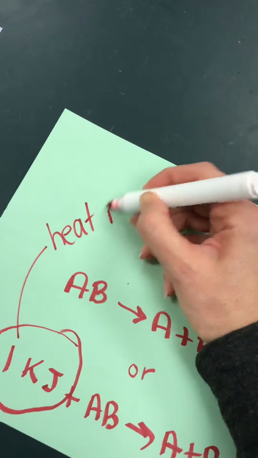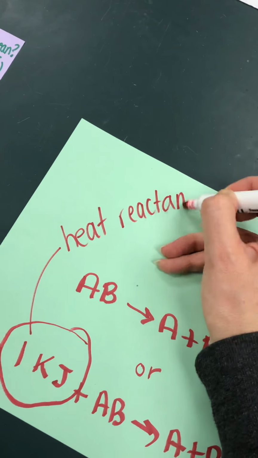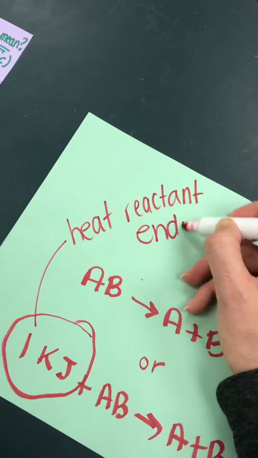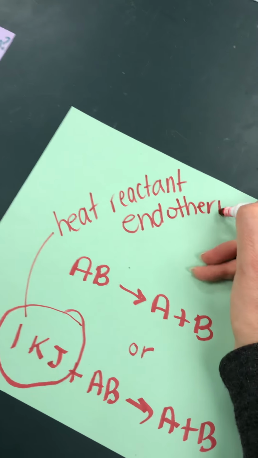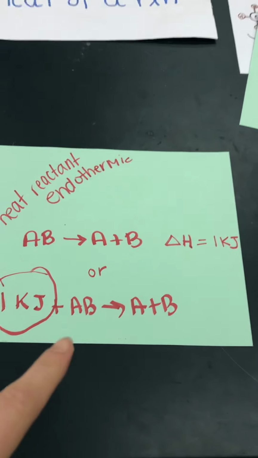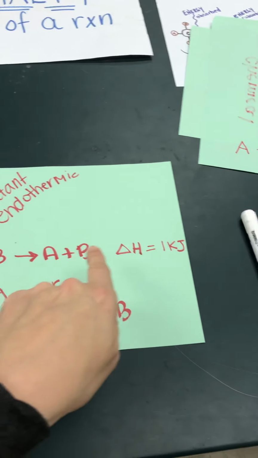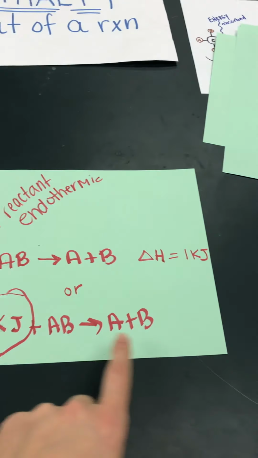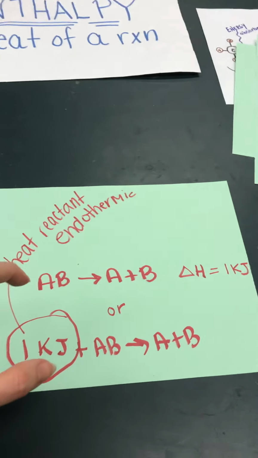So when my heat is a reactant, it's endothermic. These are two different ways to express the same idea. So this is one way to do a thermochemical equation, and this is another way. These are both endothermic, okay?